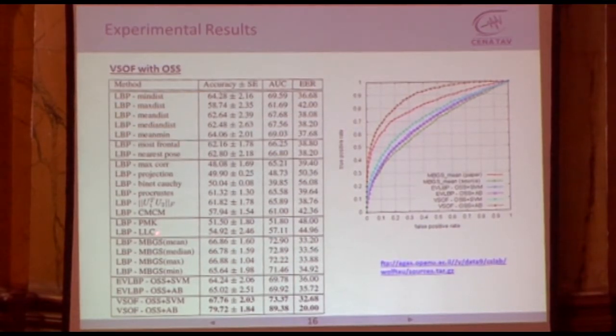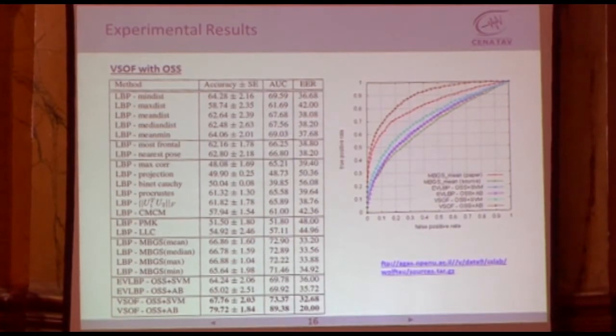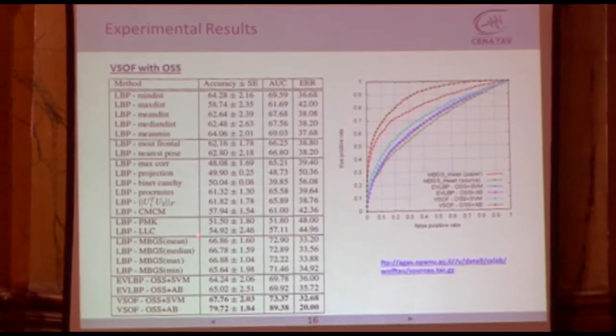It is interesting to see that the method that was the best existing before is also using a background similarity measure, but our representation, which takes into account the temporal information, is better. And of course, using AdaBoost is also better than support vector machine because we can obtain the most discriminative features.